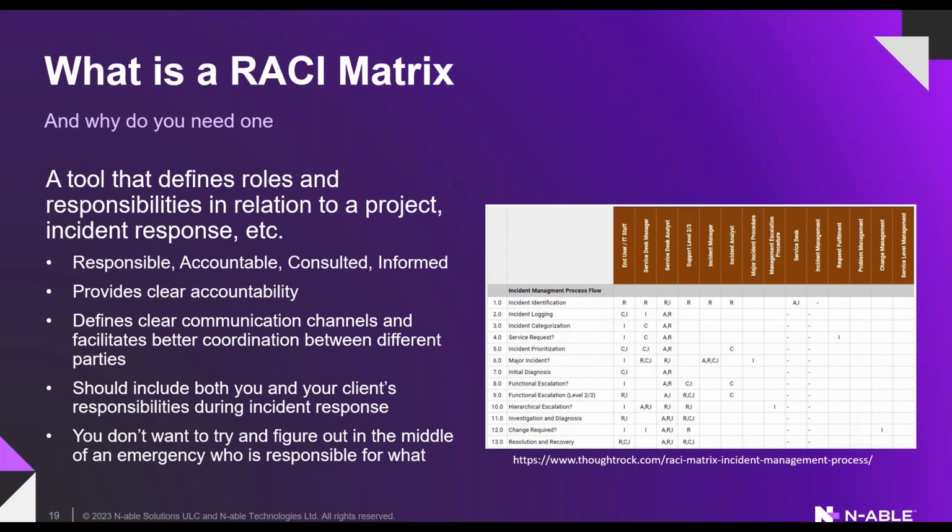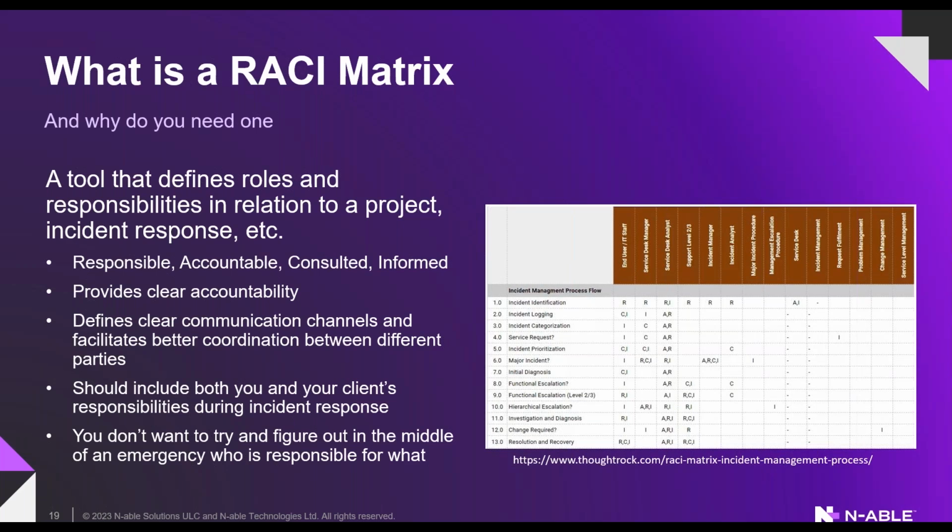Usually you've probably seen these as call trees or incident response or incident communication plans. For our purposes today, though, we're just going to think of them as a RACE matrix because it's a tool that can be used in a lot of locations, for a lot of scenarios, a lot of reasons. And we're just going to be thinking about it today in the use case of incident management processes.